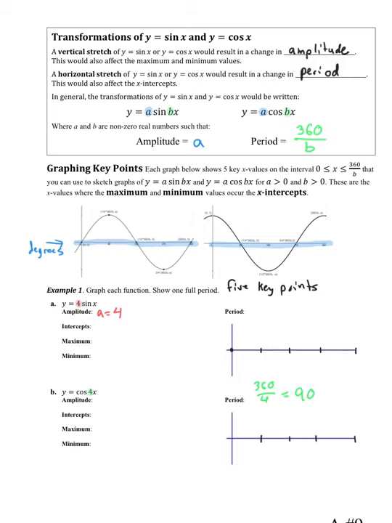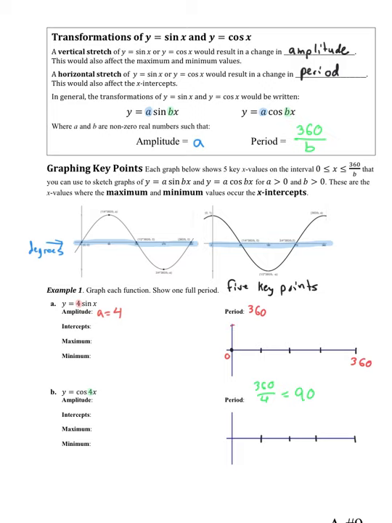I can sketch one period of the function every single time once I have all the information. So the first problem, we'll start with the amplitude was a equals 4. The period was 360 degrees. It wasn't affected at all. So I'm going to start this graph at 0 degrees, and I'm going to end it at 360 degrees. That's one period of the function.